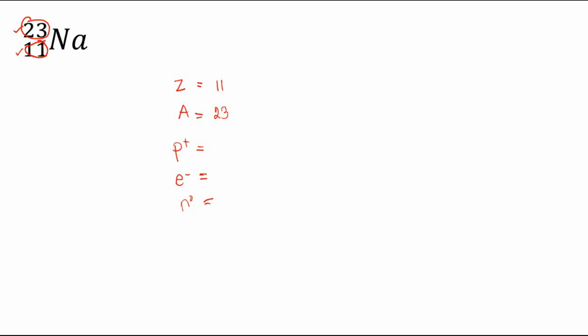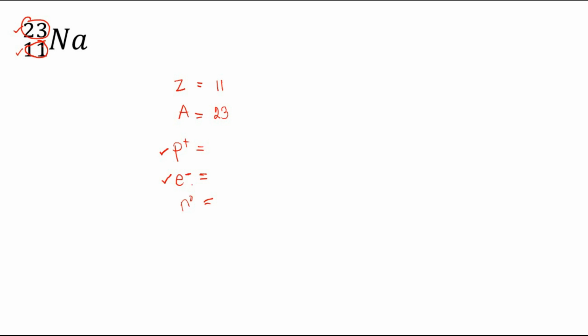And then for protons, we have discussed earlier that the number of protons is always equal to the number of electrons. So the number that you will indicate here will be the same as the number that you will indicate here. For you to get protons, you should first know the number of electrons. How are you going to know the number of electrons?